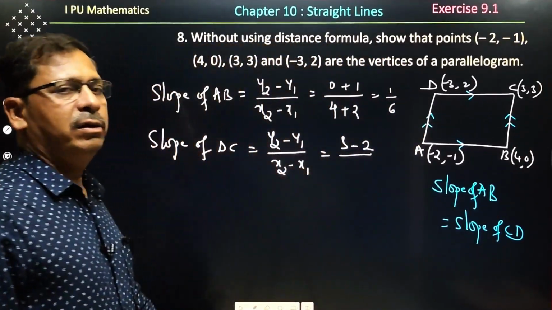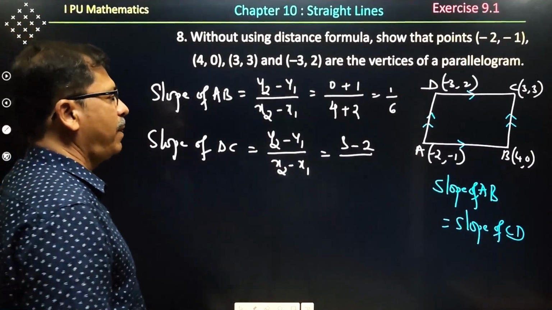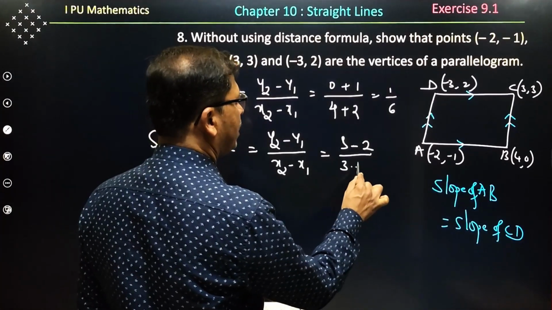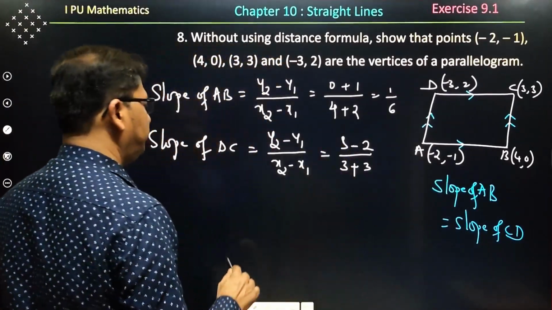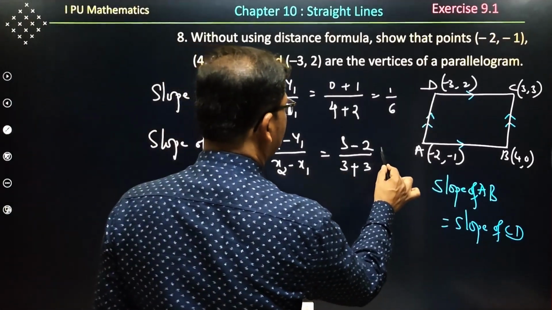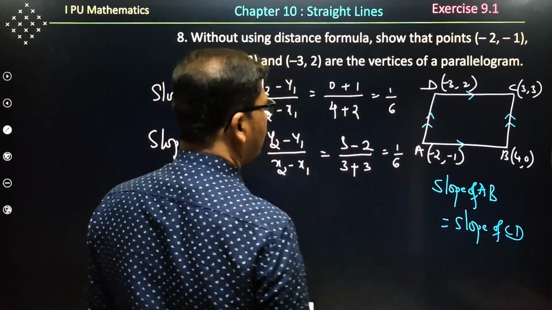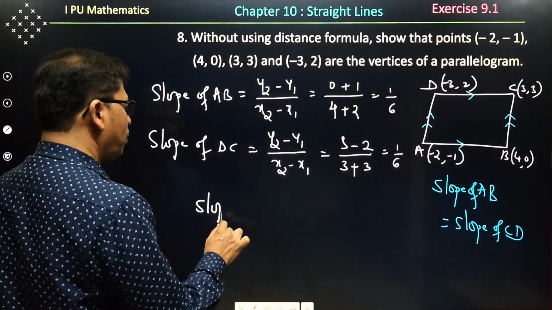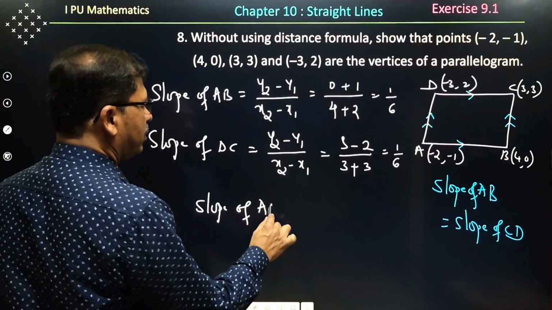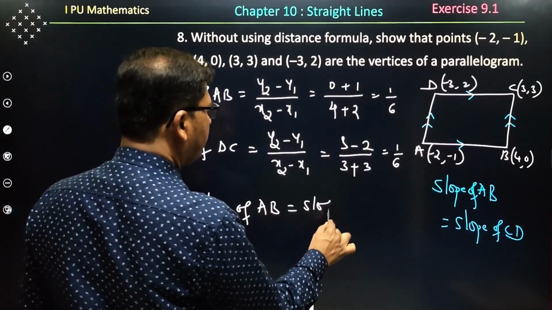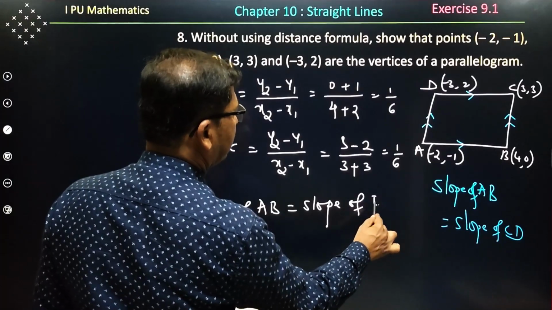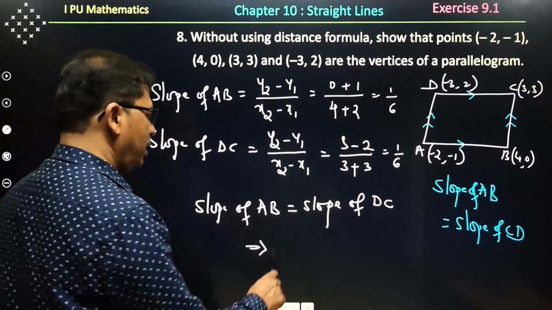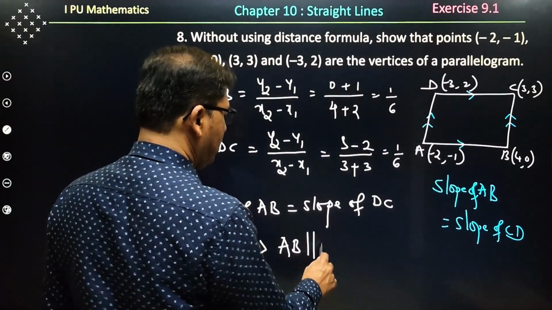Please tell me. 3 plus 3. Okay, 3 minus 2 is again 1, 3 plus 3 is 6 here. So you are getting the same values. It is found that slope of AB is equal to slope of DC. So this confirms that AB is parallel to CD.